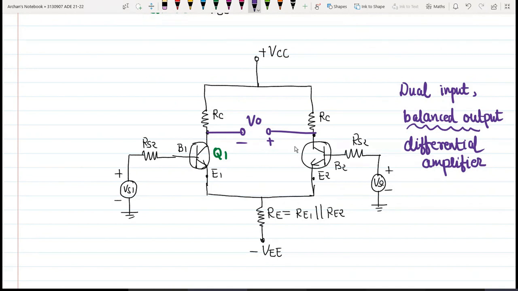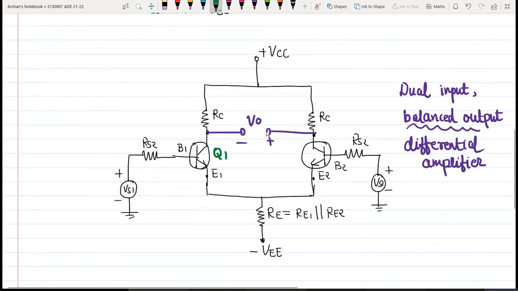So the output can be taken between two collectors or in between one of the two collectors and the ground. When we take the output between the two collectors, and none of these two terminals is grounded, it is called balanced output, or you can also call it double-ended output or floating output.